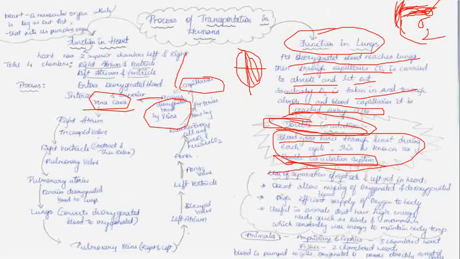Now there will also be a question in the board exams: why is it necessary to separate the right side and left side of the heart? Let us study it in points. First point, it doesn't allow mixing of oxygenated and deoxygenated blood, as we have studied.